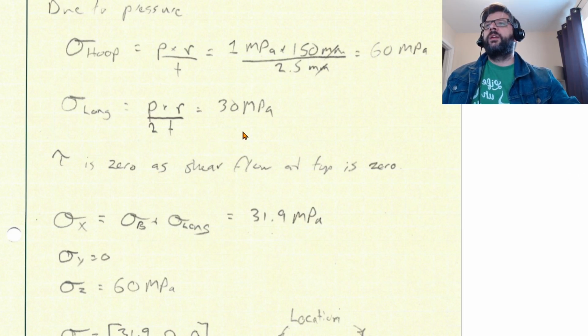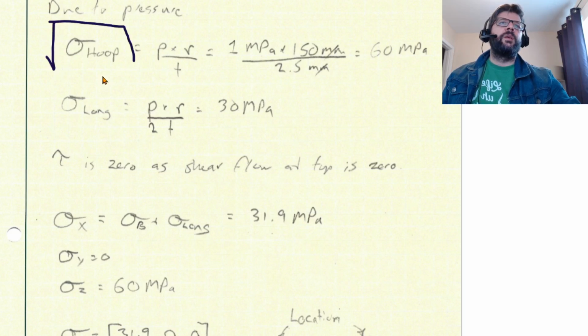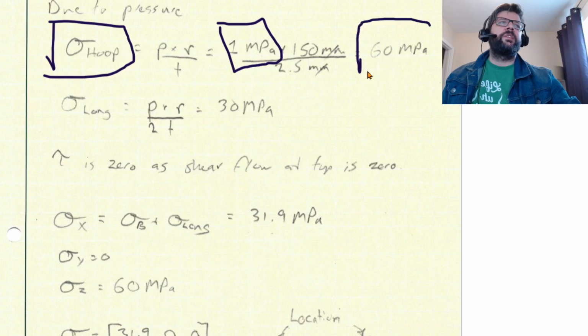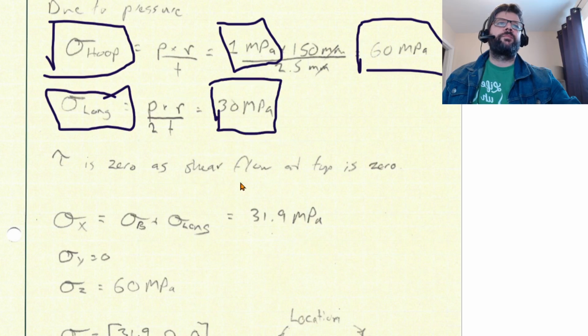The radius to thickness ratio is 60 to 1, so that's certainly high enough to be considered thin-walled. So with the pressure of 1 megapascal on the inside, that gives us a hoop stress of 60 megapascals and a longitudinal stress of 30 megapascals.